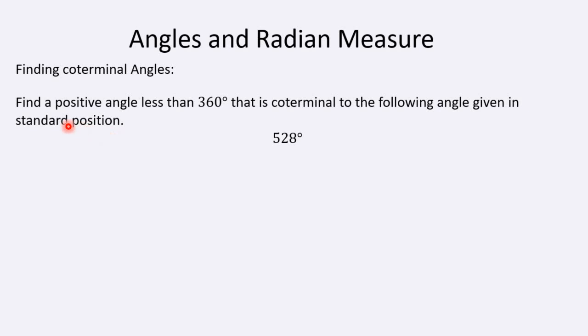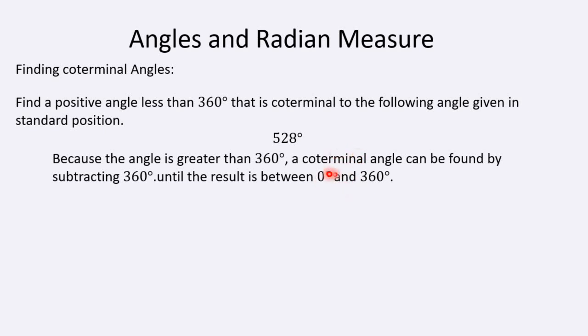Let's do the same thing. So here, find a positive angle less than 360 that is coterminal to the angle 528 degrees. So 528 is more than 360. Therefore, this is more than one full revolution. It's less than 720 though, so it's less than 2 full revolutions. All right, so what do we do here? Well, if I subtract 360 from this, I'm subtracting away the full revolution.